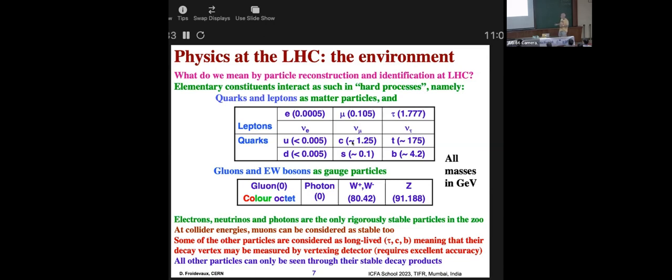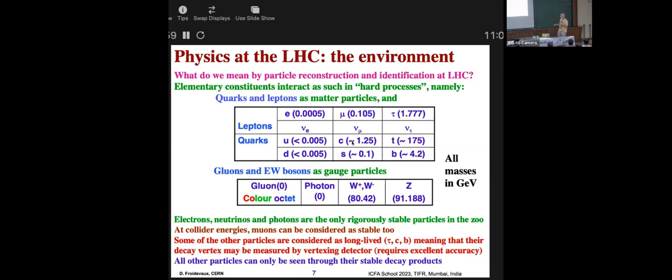So some particles are considered long-lived. Emil showed you a sketch for a B hadron, because it has, like the tau lepton, a lifetime which is long enough that one can see its vertex far enough away from the primary interaction vertex to identify it with some efficiency.